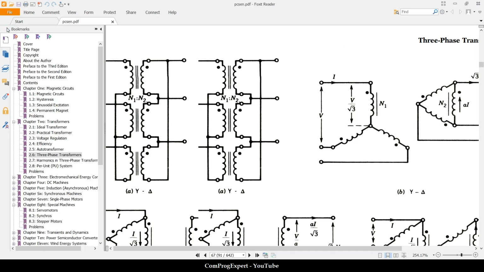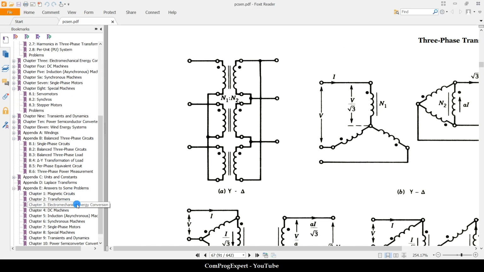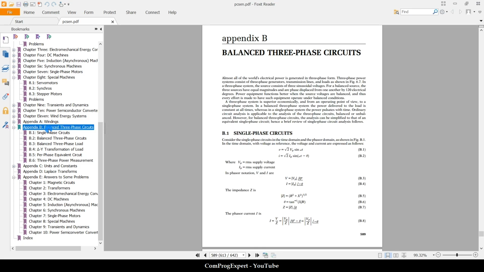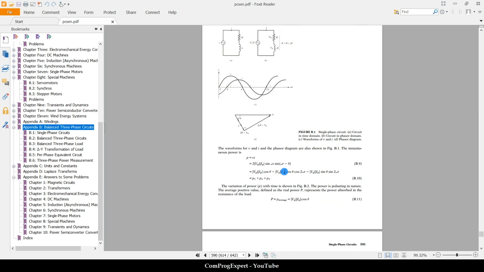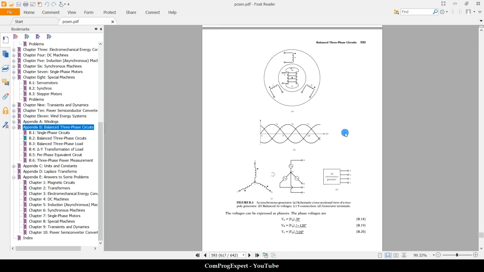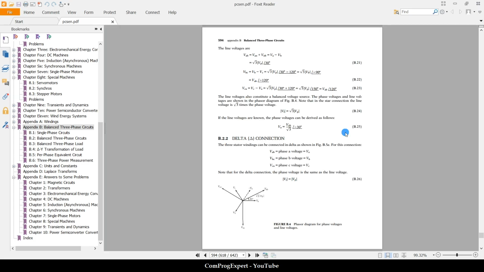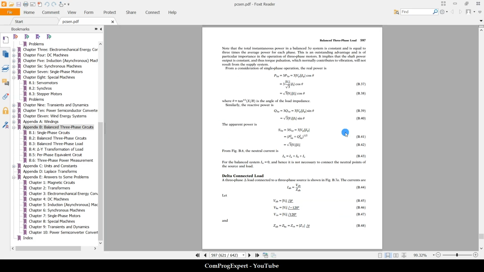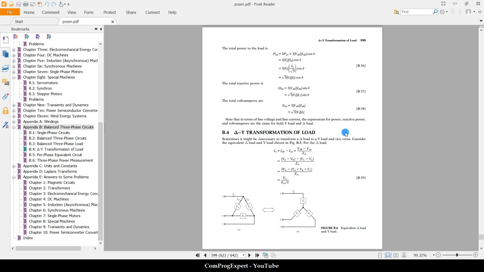You can review this appendix that we have for three-phase circuits. You know this from the electric circuit theory course, but also you can review this appendix. That is good before solving these problems. Just a quick overview on equations.